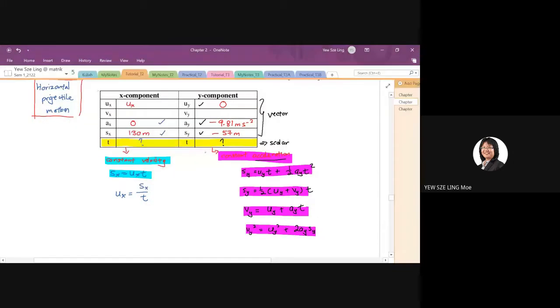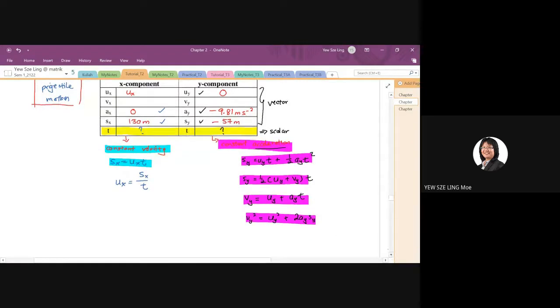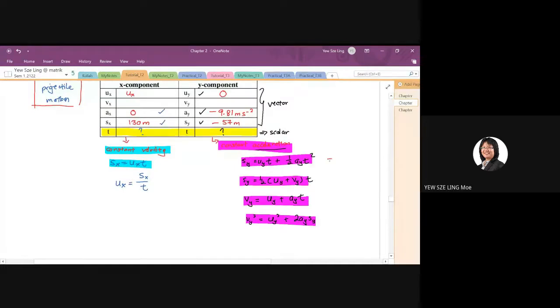So now which equation am I going to use? I have u, I have a, I have s, and I want to find t. So which means I'm going to use the first equation.